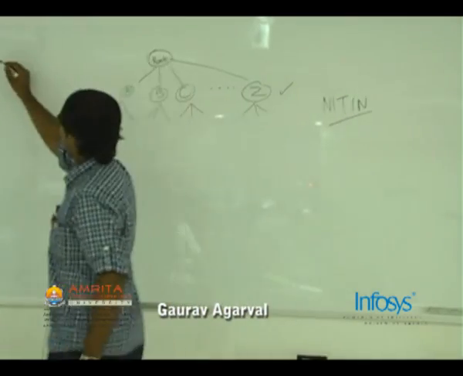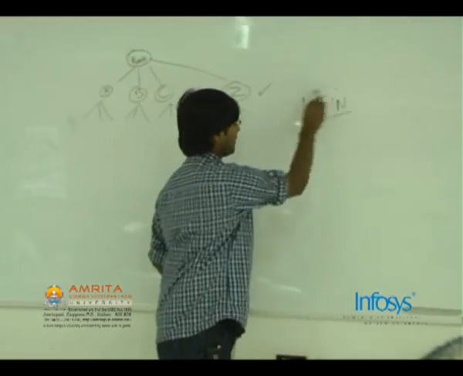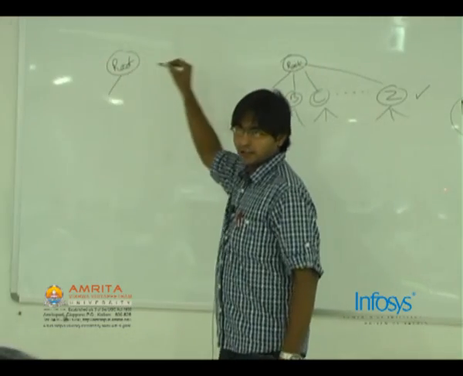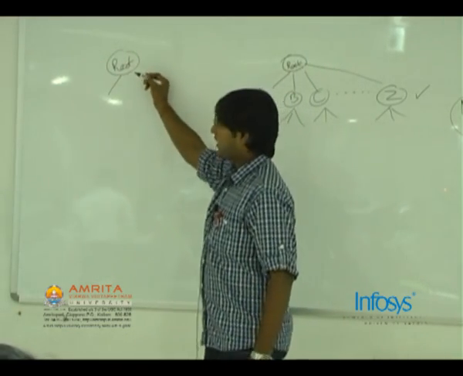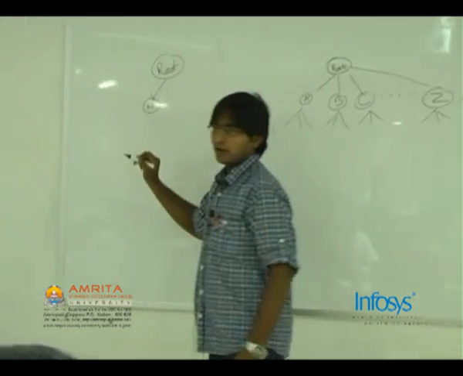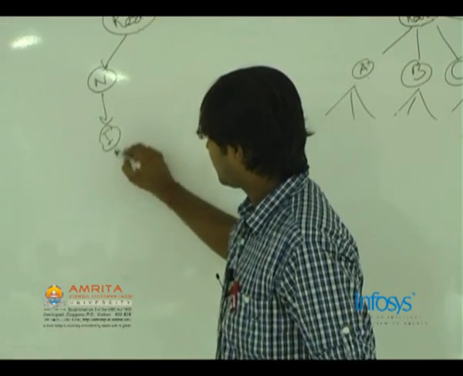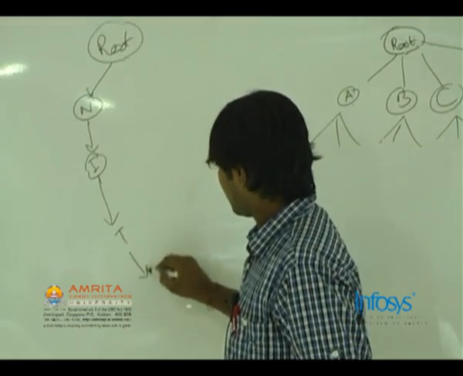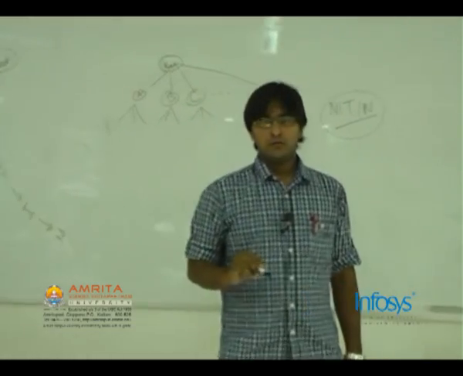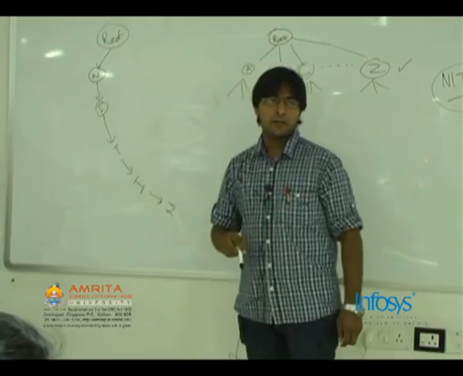What we do is we take the root and follow the links of these letters. This root will have 26 nodes as its children, one of which will be N. So we'll follow this link and go to N. And this N will have I, so we'll follow this link again and go to I. Then to T, then again I, and then again N. So this is the way we'll insert Nitin in this trie.